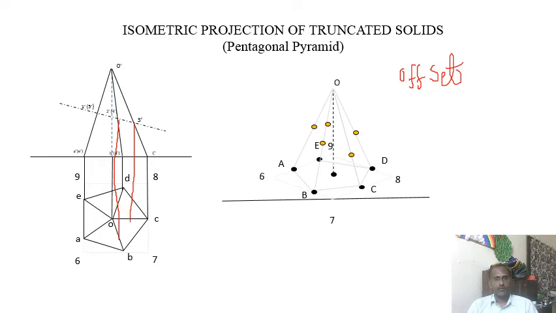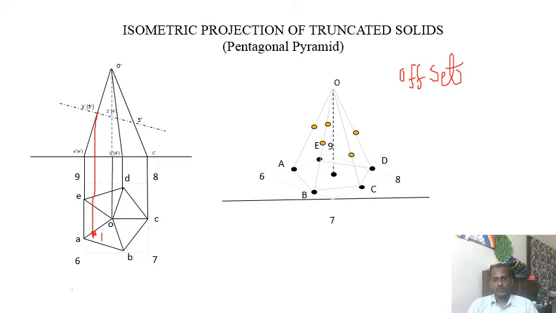I will remove the other projectors. I will just drop a projector from 1 to the top view, which is over here. Now this is the projection of 1 dash on top view, which is 1. 1 I have to trace, isn't it? So to trace 1, you have to get two information.